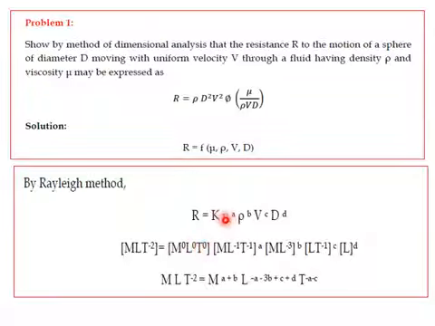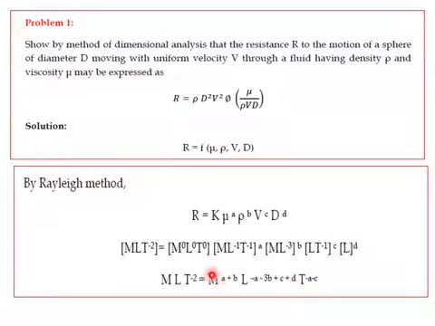Mu is the dynamic viscosity, which is expressed as M L minus 1 T minus 1 to the power of a, density is M L minus 3, mass by volume, to the power of b, velocity is L T minus 1 and the diameter is L. Now the next step is to work out the indices which are raised for M, L and T.